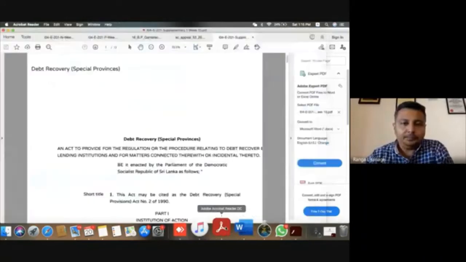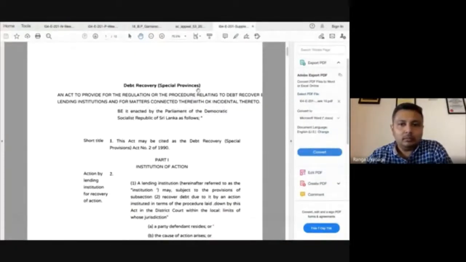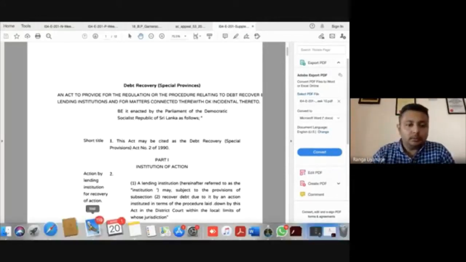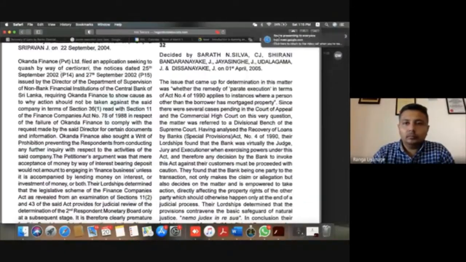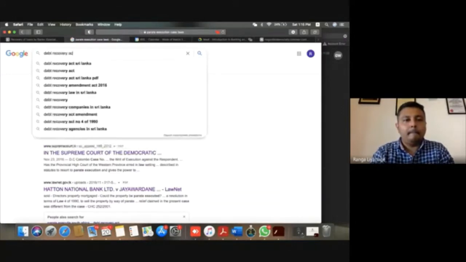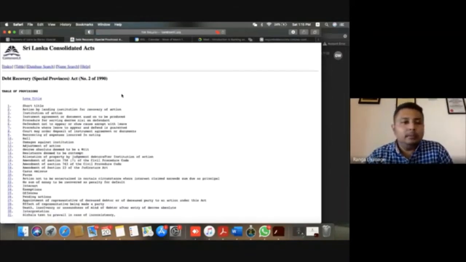If you see the caption to this Debt Recovery Act, why is it? You can't see everything, no, for some reason. Wait. Right. I am going to take you through certain important provisions of this Debt Recovery Act, right?